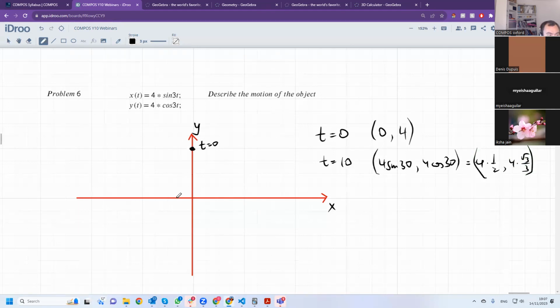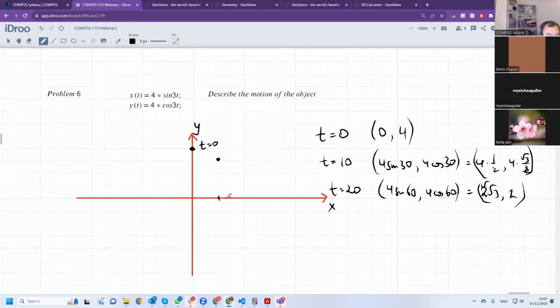That gives you 2 on the x, and it's going to be approximately like this. Then when you take t equals 20, that's going to be 4 sine 60, 4 cos 60, which is 2 square root of 3, comma 2.